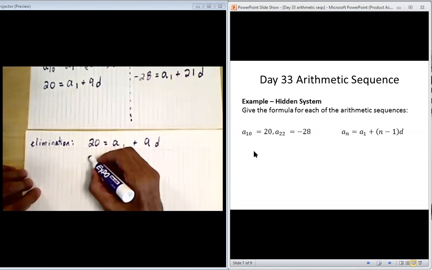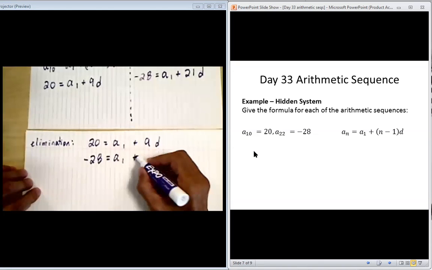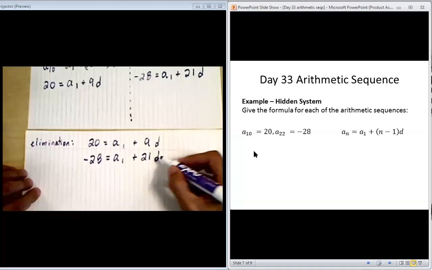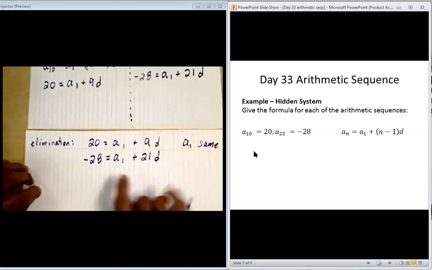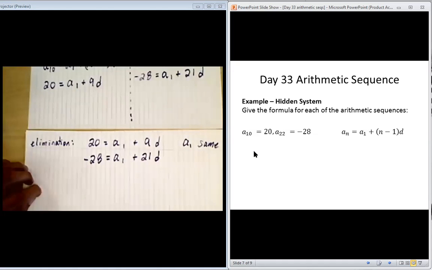And then we've got minus 28 is equal to A1 plus 21D. And so notice, for A1, the number in front is the same. There's an invisible 1 that's there, right? Okay. Now, they're both the same sign. They're both positive.